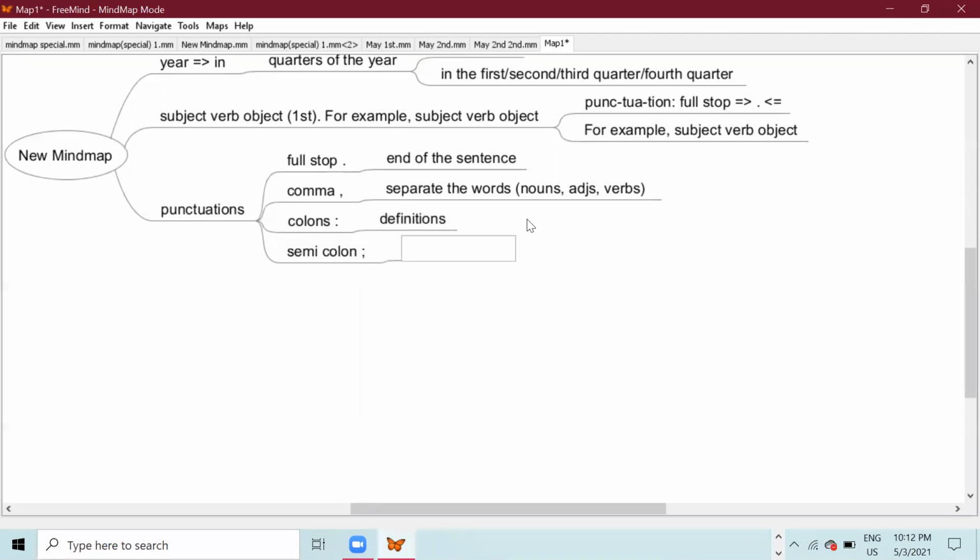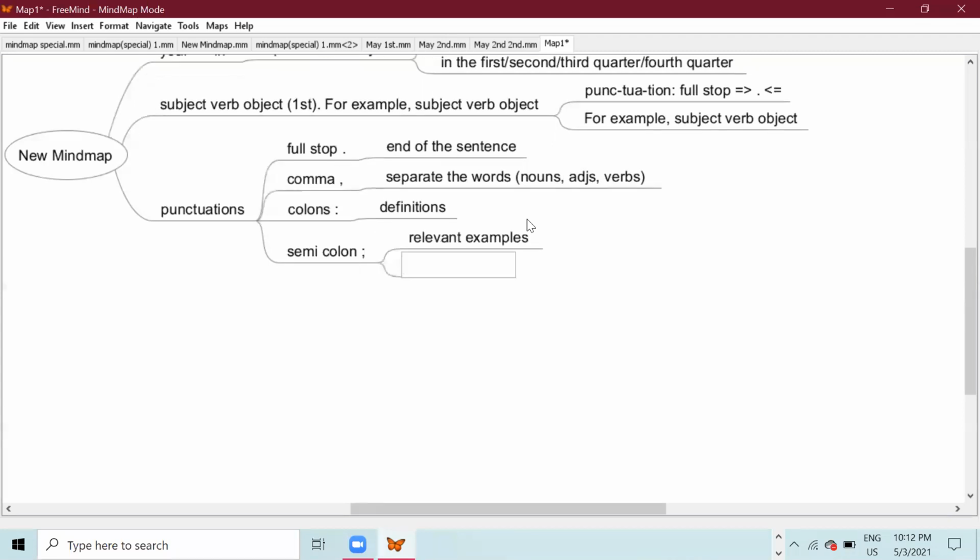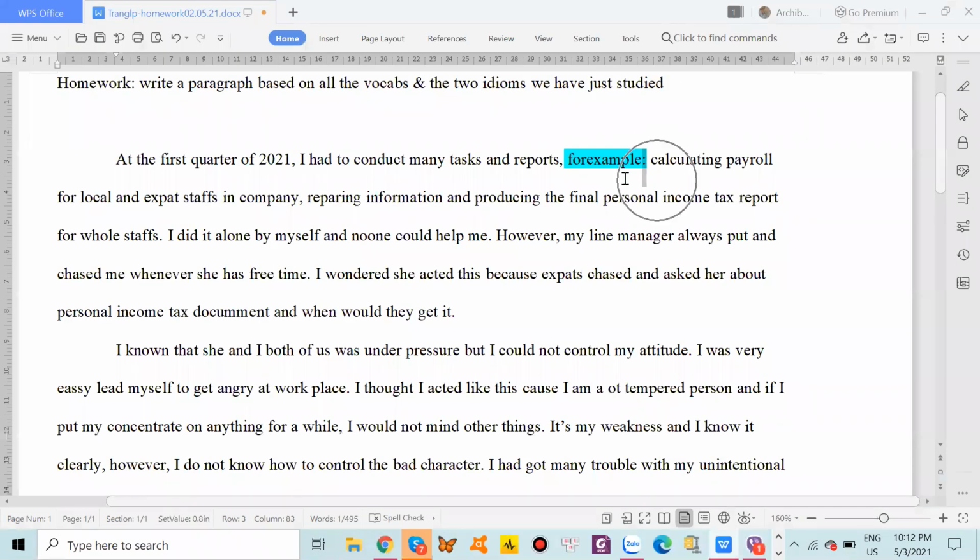And with a semicolon, you want to give more relevant examples, relevant conclusions, or information, something like this. So here let's look back at this one. So, for example, at the beginning of the next sentence: calculating payroll for local and expat staff.